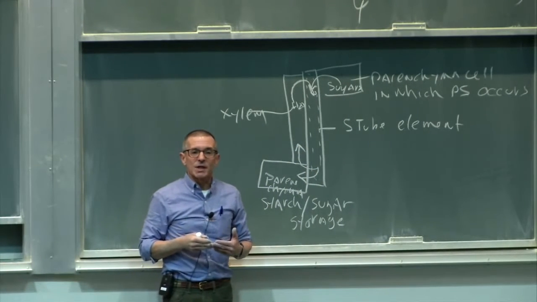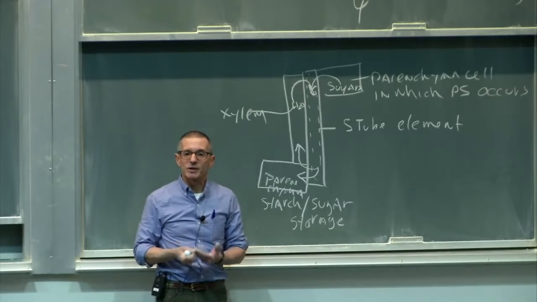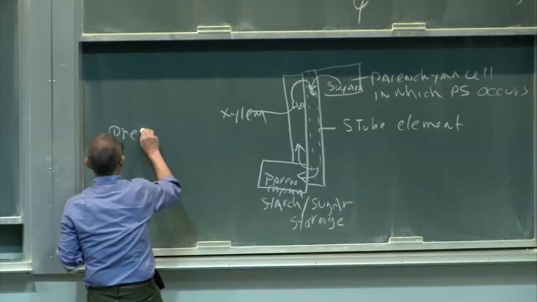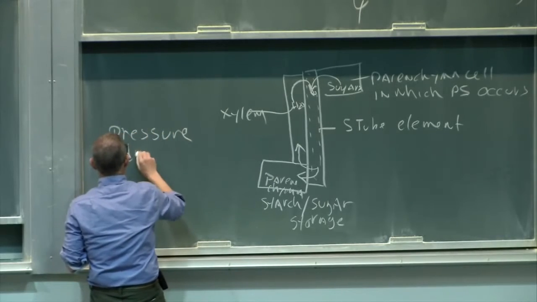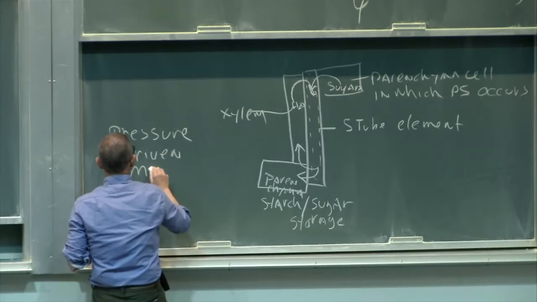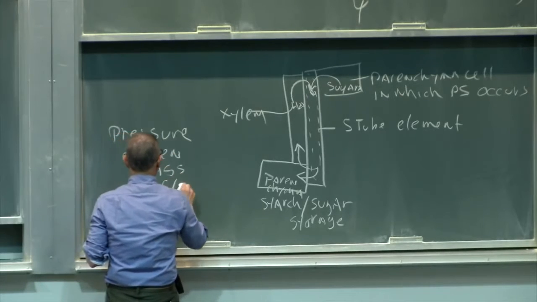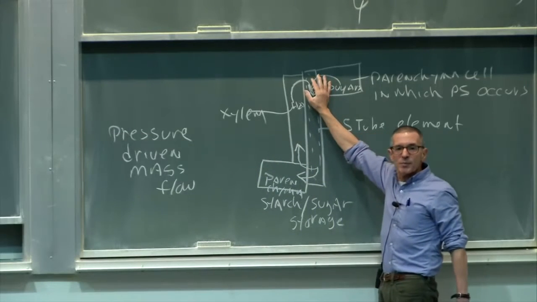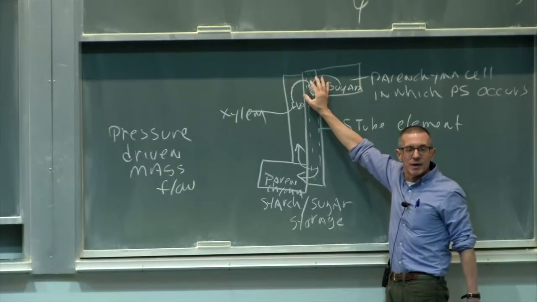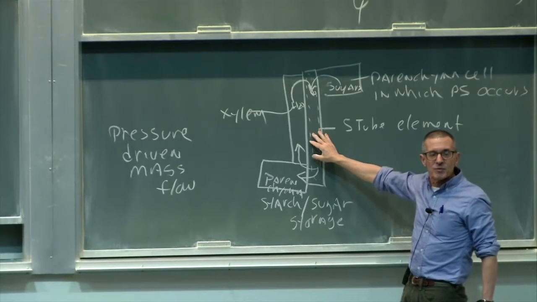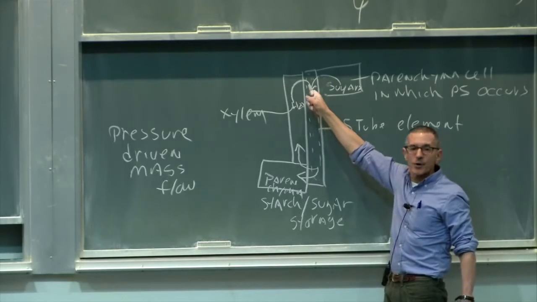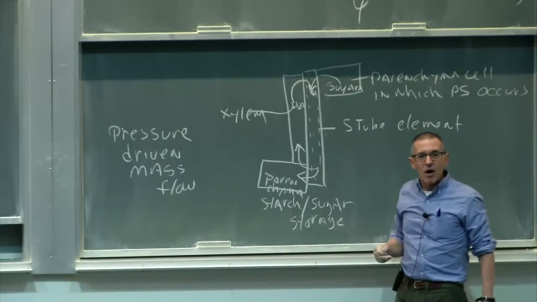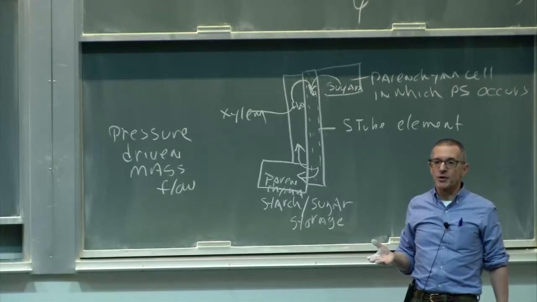So this is sometimes called the pressure mass flow model, pressure-driven mass flow, because we are carrying the sugars down from the point of entry into the phloem in a mass, and their movement down is based upon the fact that the pressure is higher at the top than it is at the bottom.